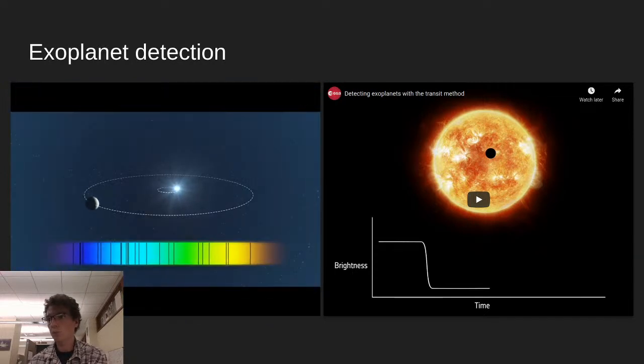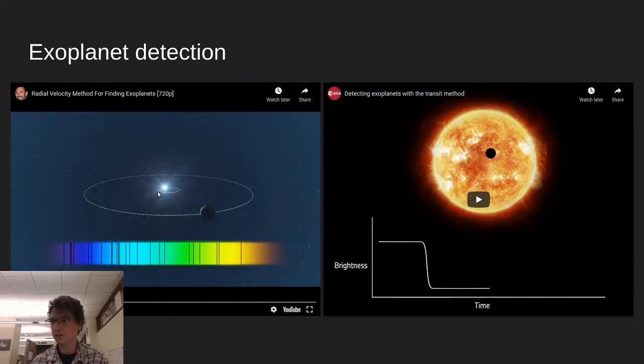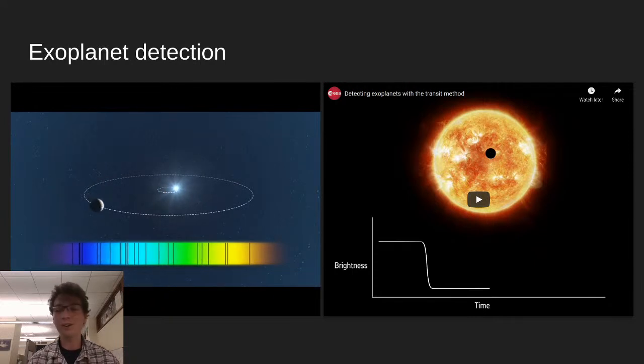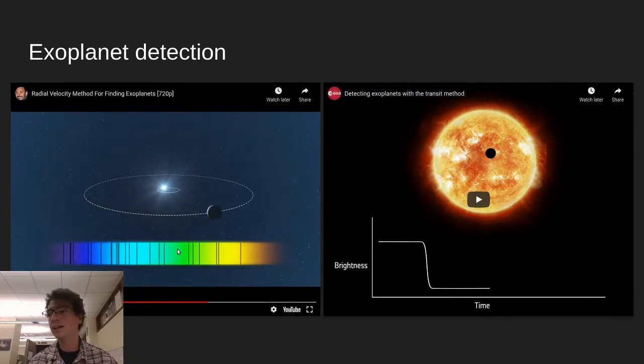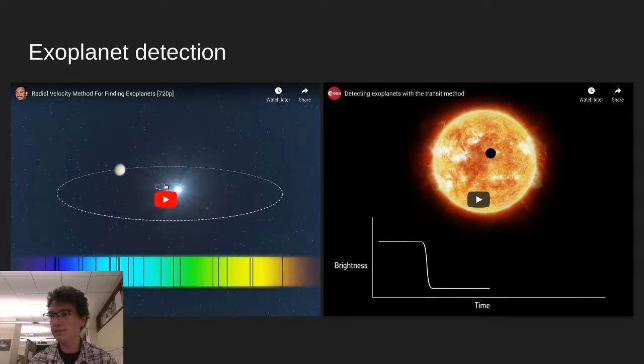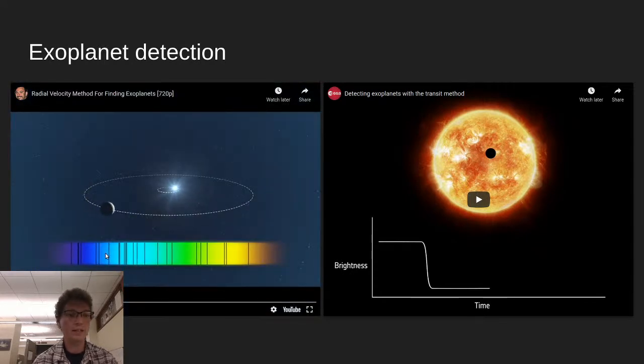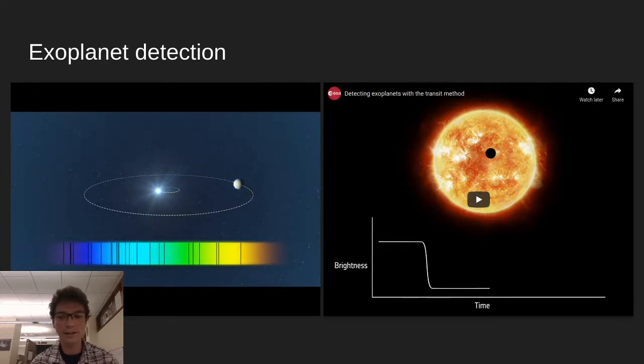Because the star is much more massive, it will trace out a much smaller orbit. But because the star is very bright, we can actually detect the star, which we can't do for the planet. And so if we look at spectral lines in the star, these lines will shift slowly towards and away from us, and the amount they shift and the period over which they shift tells us about the size of the planet and its orbital period.